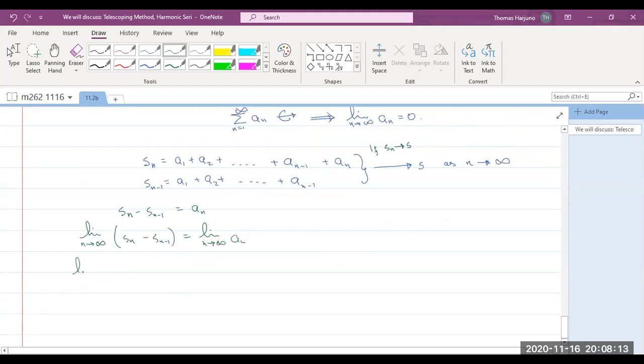But on the left-hand side, I distribute the limit.